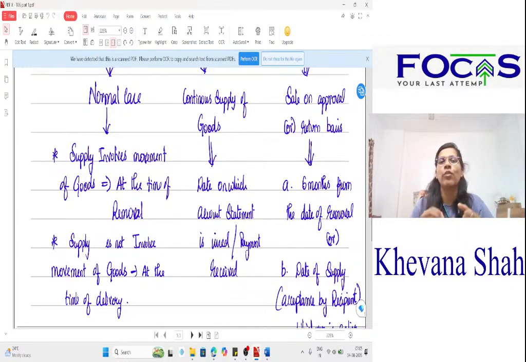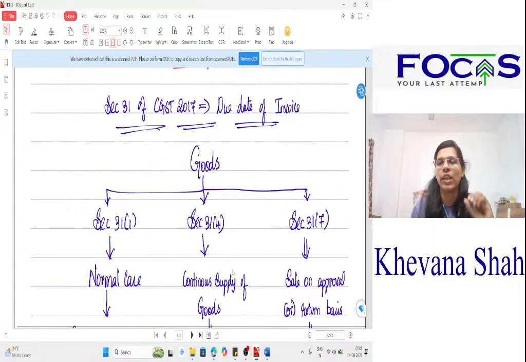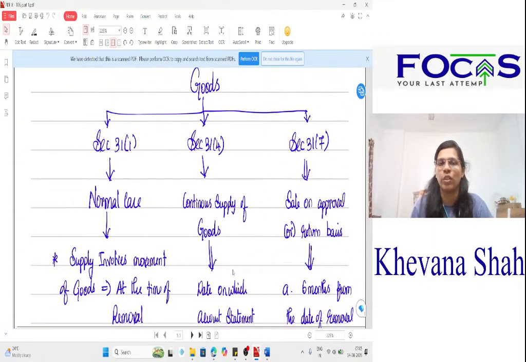So when you are removing your goods from the place where the movement starts, that is your time of issuing the invoice for supply of goods involving movement of goods. And if the supply is without movement of goods, then the date will be the time of delivery. Now remember, we are talking about the due date to issue the invoice.